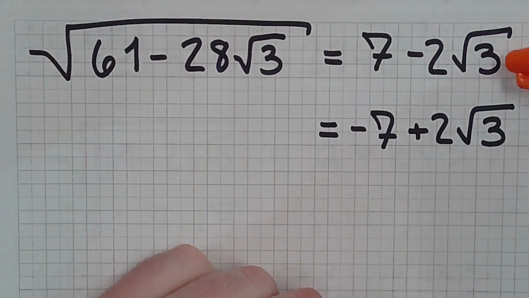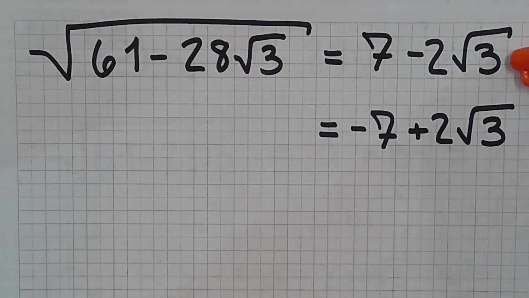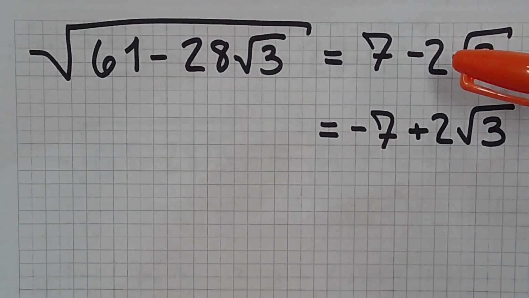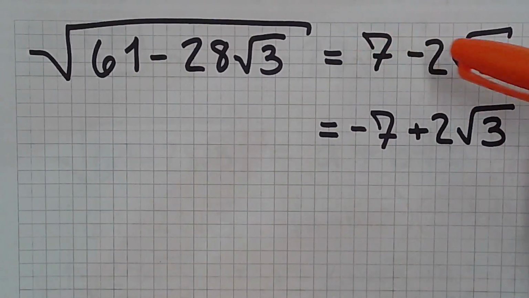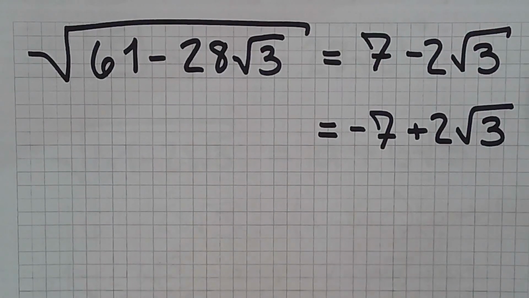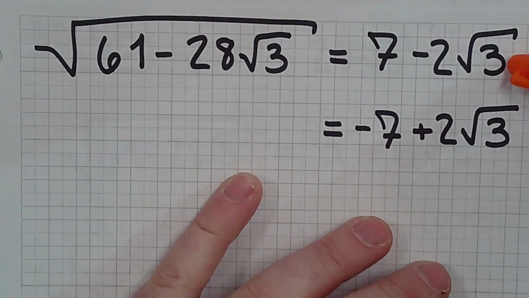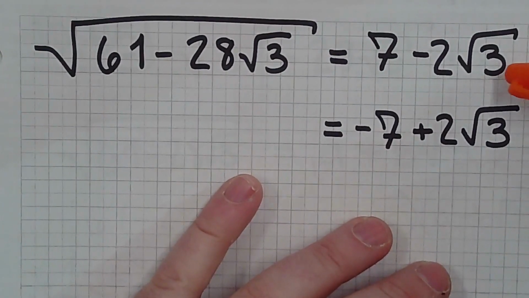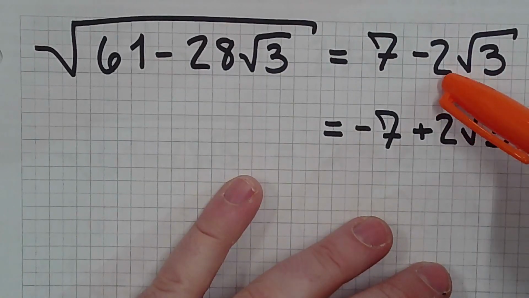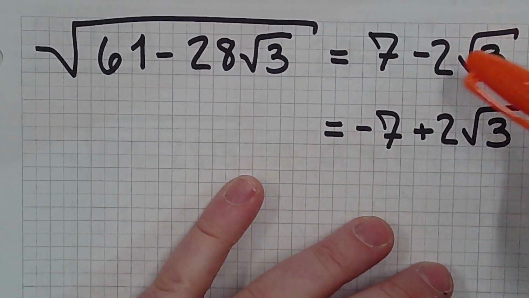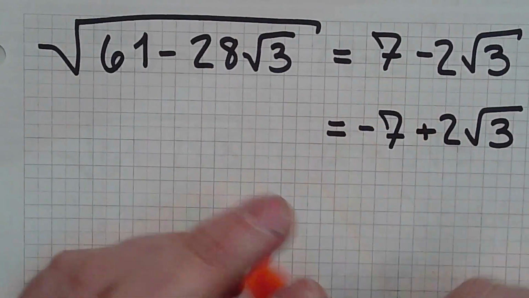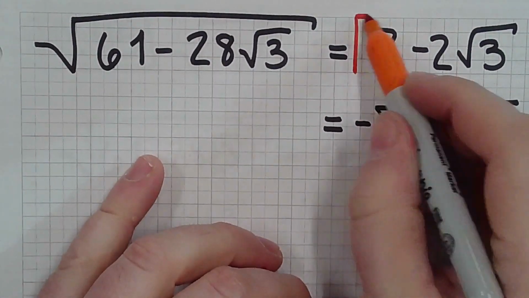Well, if √3, again, I'm using my estimation skills here, was actually √4, it'd be equal to 2, right? 2 times 2 would get us 4, and 7 minus 4 would come out positive. We know this isn't quite √4. I mean, it's √3, right? So it's going to be 1 and change. And 1 and change times 2 is about 4. But again, it's still smaller than 7. So this would come out positive. So that looks pretty good to me.